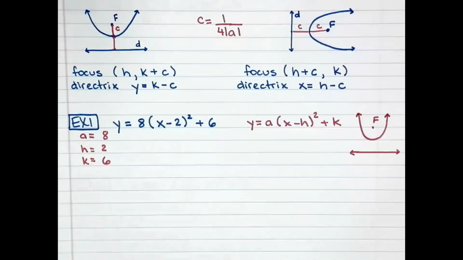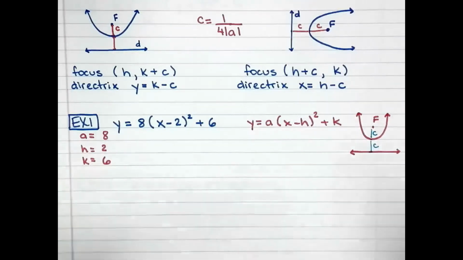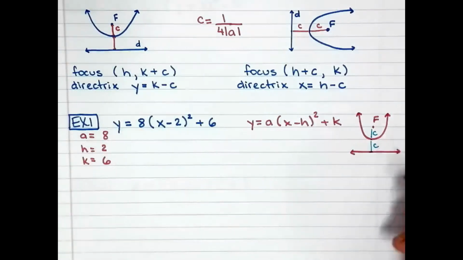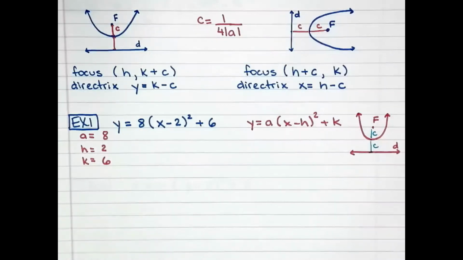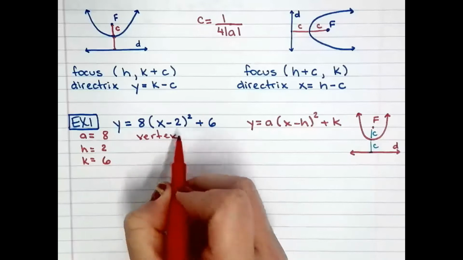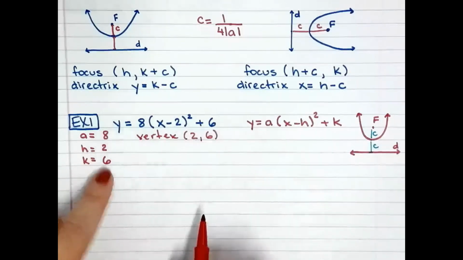Notice that it's the same distance from the vertex to the focus, and this is C, the same distance from the vertex to the directrix. And we know C is 1 over 4 absolute value of A. This is my line, D, right there. So vertex, easy to find, is H and K. So H is 2, K is 6.